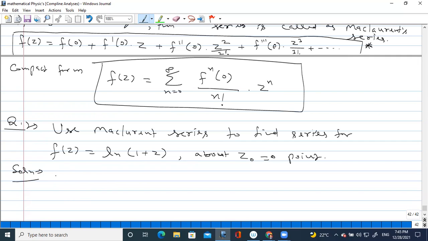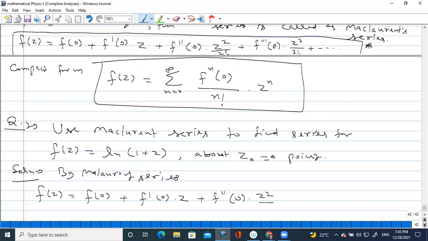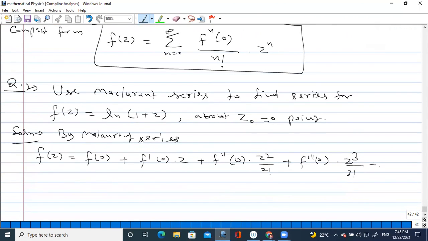Okay, so by the Maclaurin series, you write that series first and then put in the requirement of that series. Your f(z) is f(0) plus f'(0) into z plus f''(0) into z square by factorial 2 plus f'''(0) z cube by factorial 3 plus dot dot dot.